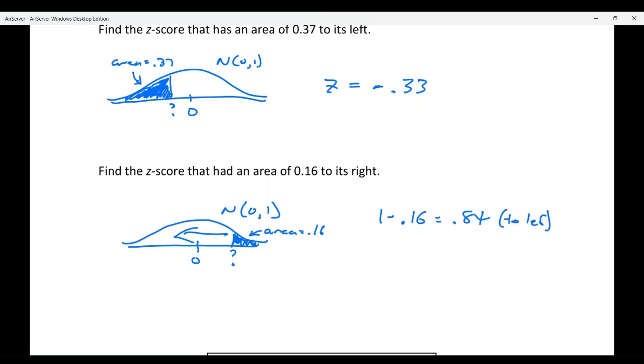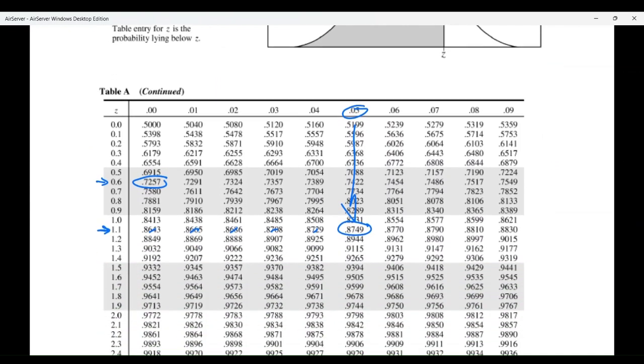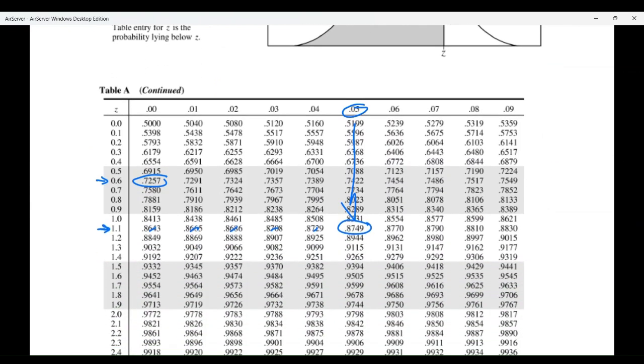So instead of looking up 0.16 in the table, let's just look up 0.84 in the table. So going down to the table, 0.84 is going to be on the positive side of the charts, and 0.84 looks to be, let's see, we've got a 0.8413 here, and then at the end of the row above it, there's a 0.8389.